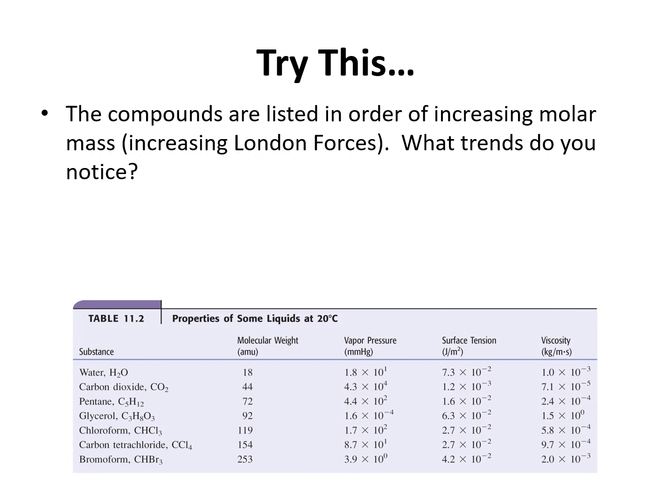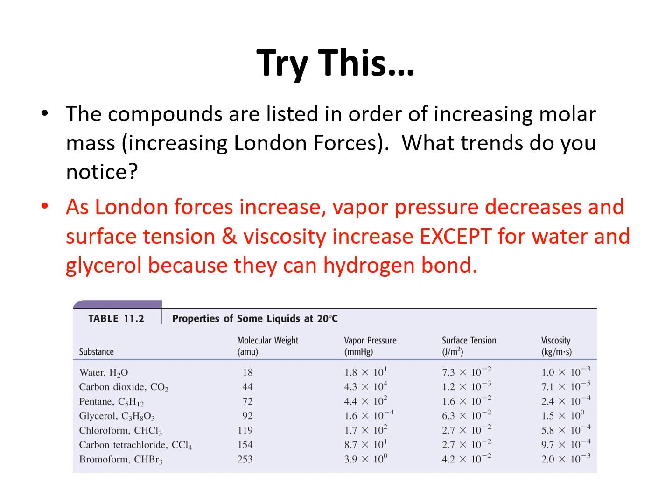So from what we've discussed so far, the strength of the intermolecular attractions between molecules impacts various properties of liquids such as vapor pressure, surface tension, and viscosity. And looking at the table at the bottom of this page, we see that as London forces increase, vapor pressure decreases, but surface tension and viscosity increase.